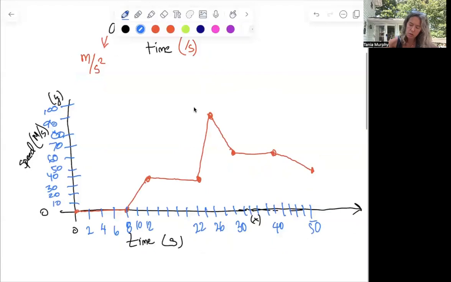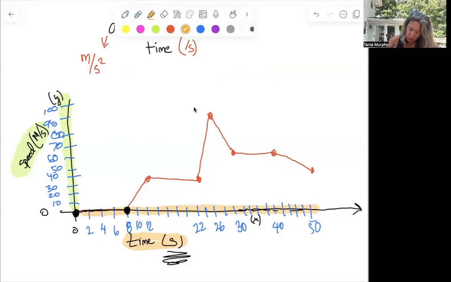Okay, let's look at what's going on. Notice right here, we have speed, so these numbers represent our speeds in meters per second. Down here we have time in seconds. So what we can see is that between 0 seconds and 8 seconds, this is our line.